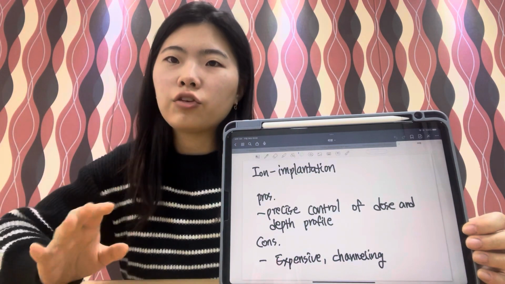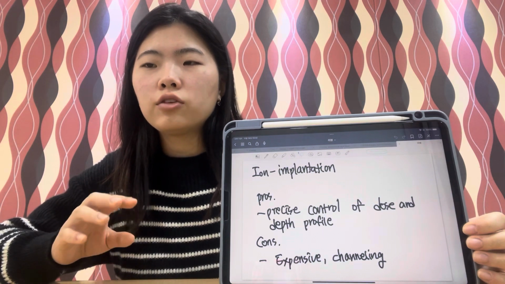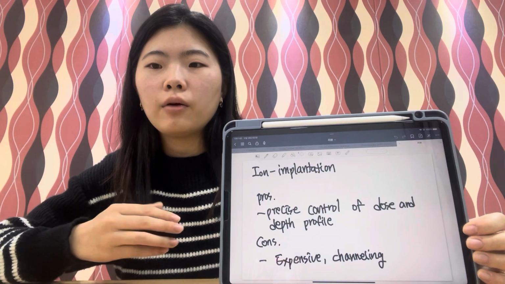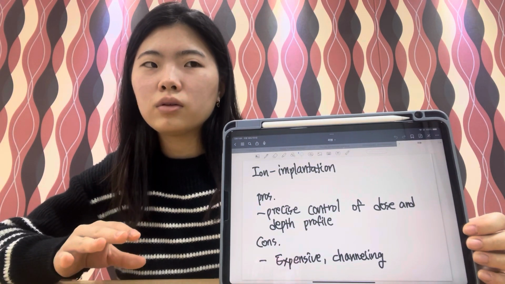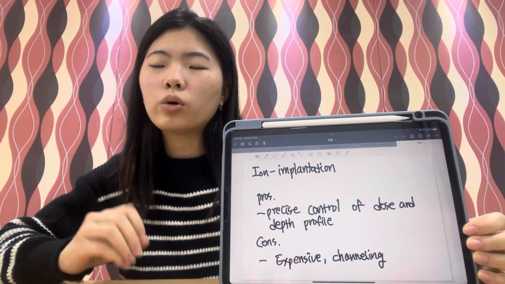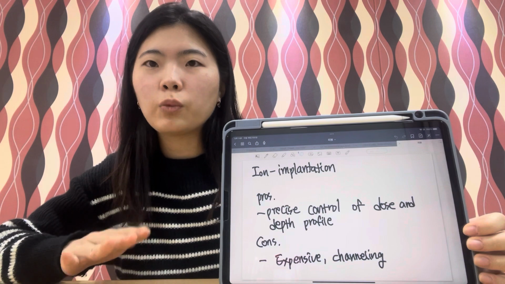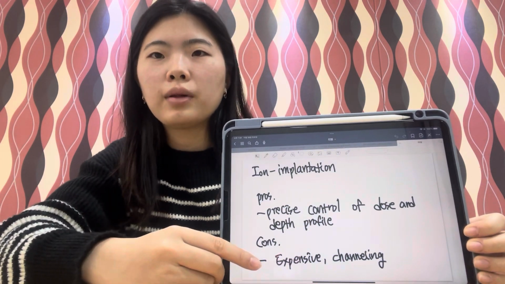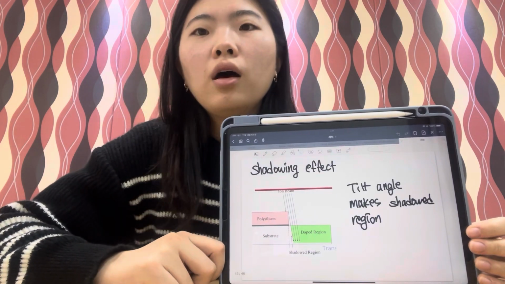This high energy can also cause a problem called channeling, and channeling means more doping. More doping is also a problem because it is not what we wanted at first. So ion implantation can cause those problems.